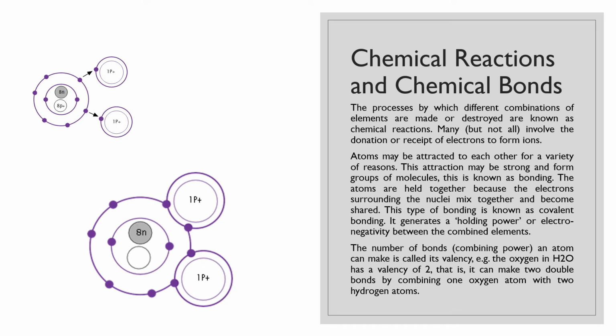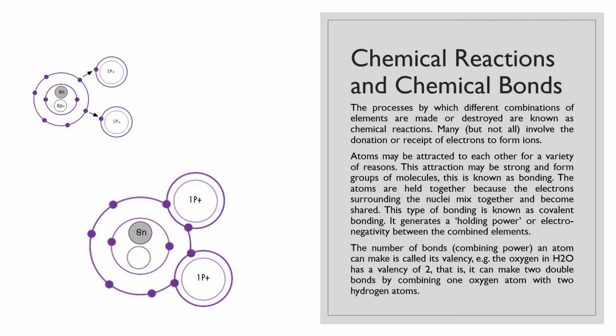Now let's look at chemical reactions and chemical bonds. The processes by which different combinations of elements are made or destroyed are known as chemical reactions. Many, but not all, involve the donation or receipt of electrons to form ions.